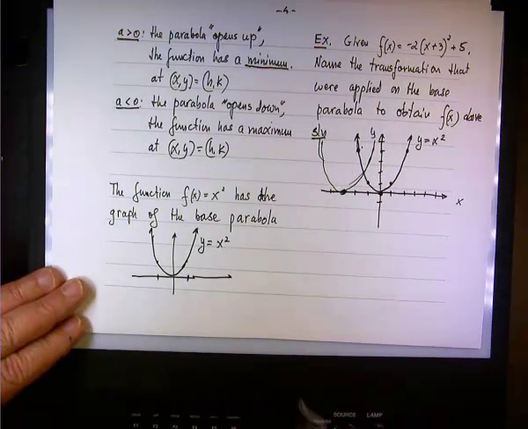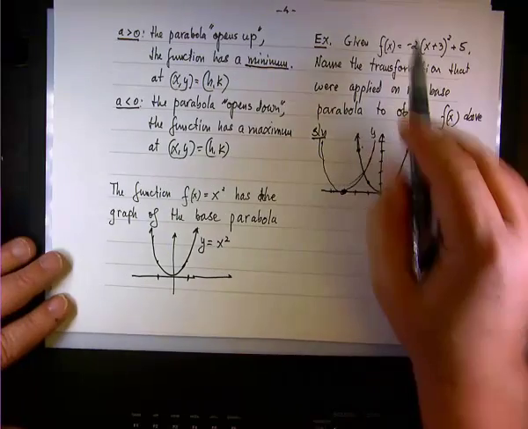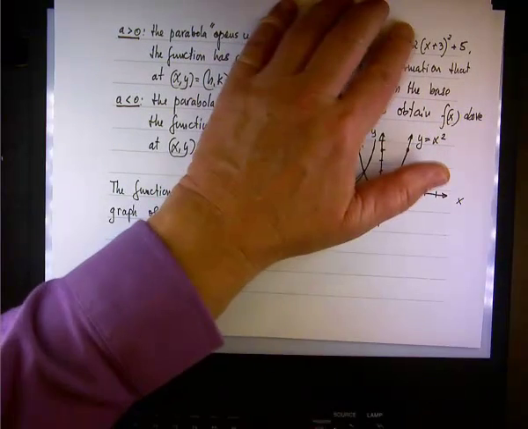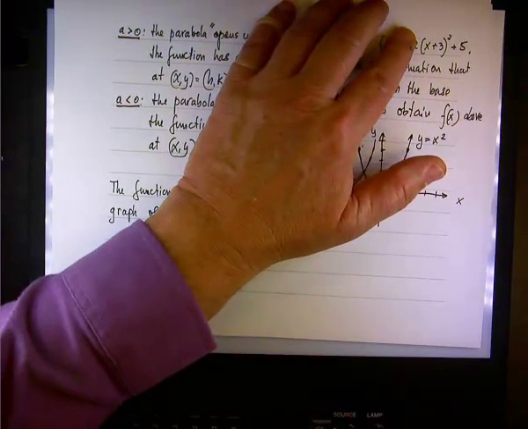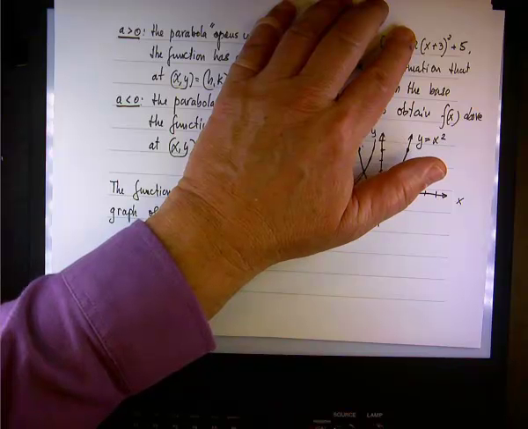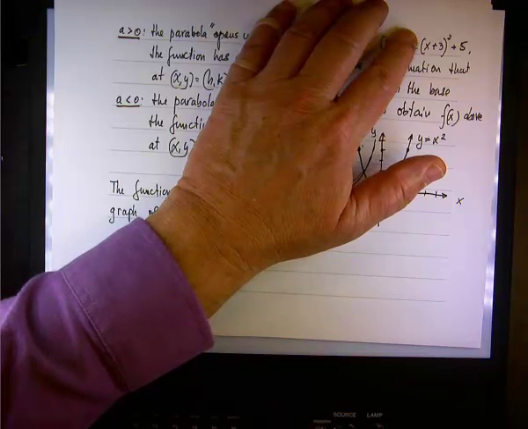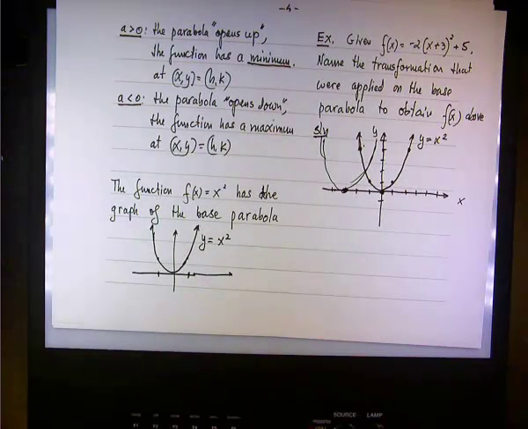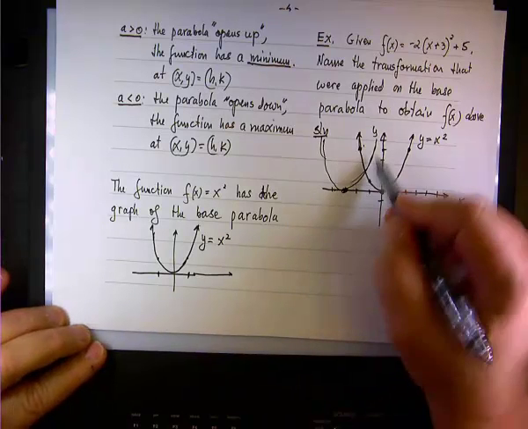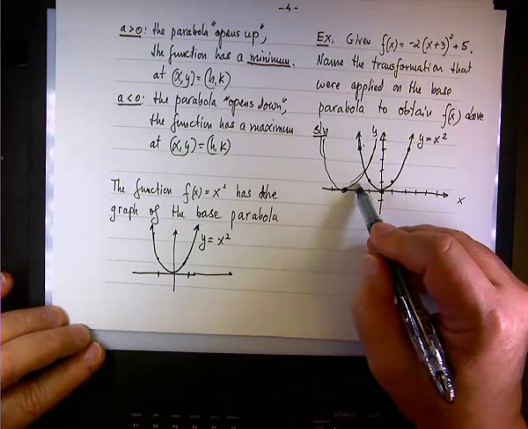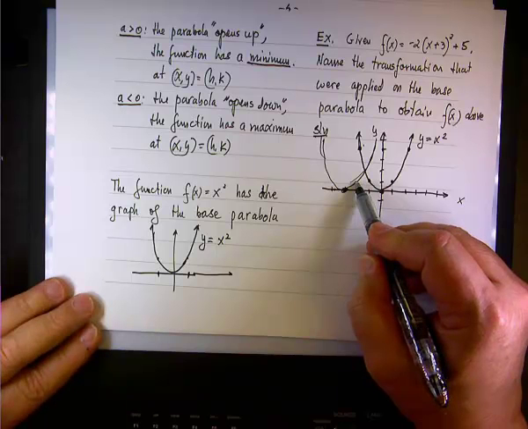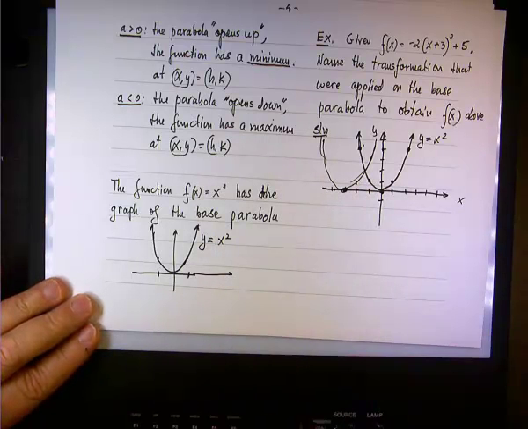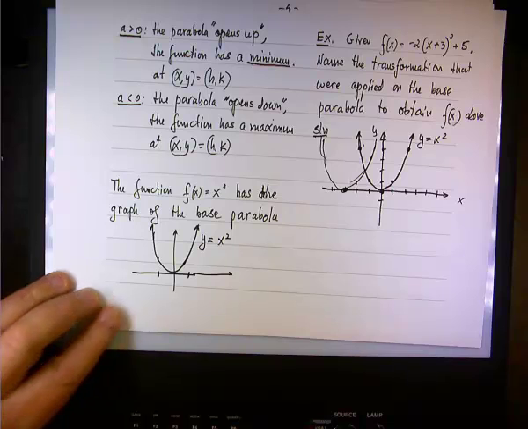Now what we did, okay, the next thing we multiplied by 2. Ignore the negative because we multiplied by negative 1 and then by 2. So basically what we did, we stretched it vertically. So the point, if we went through (1, 1), now we're going to go (1, 2). If we went to (2, 4), now it will be (2, 8).